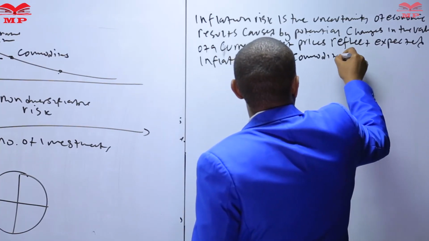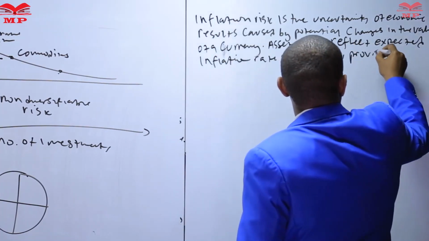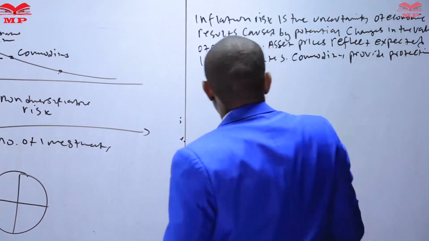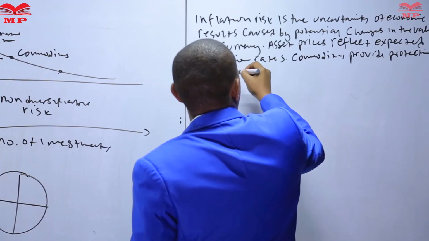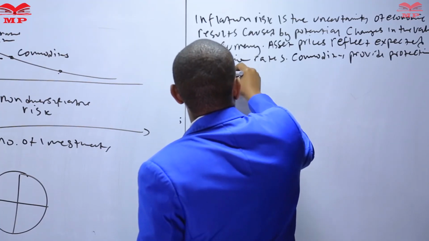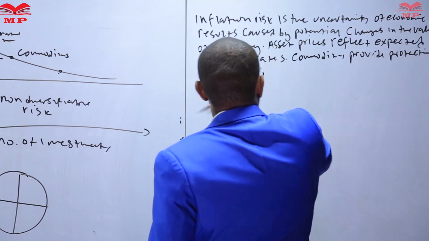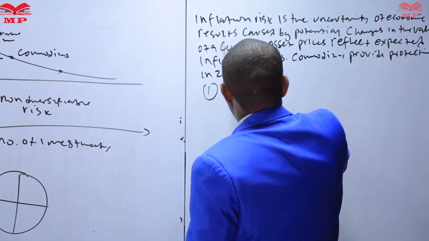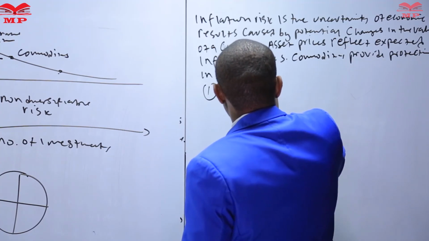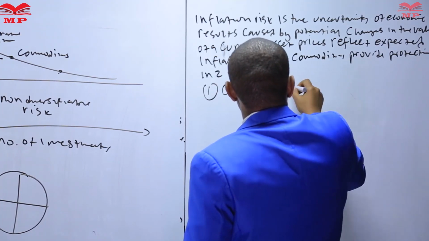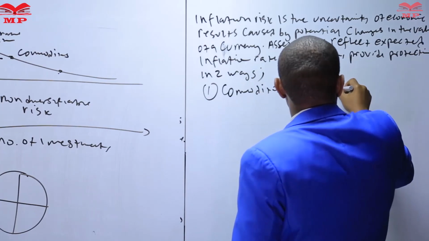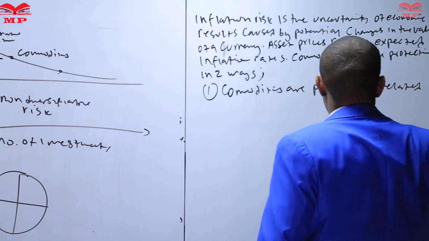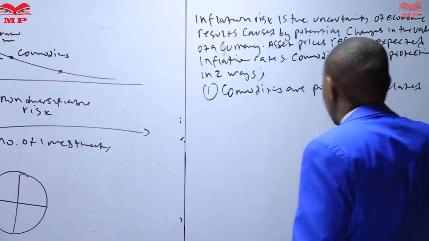Commodities provide protection in two ways. The first way, we can say commodities are positively correlated with inflation.